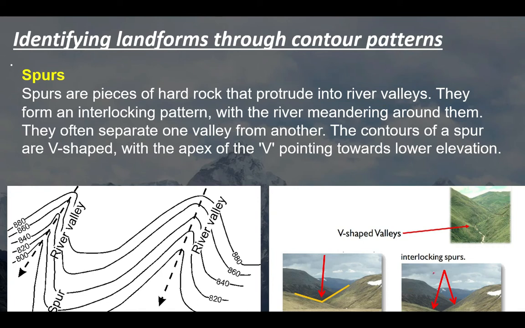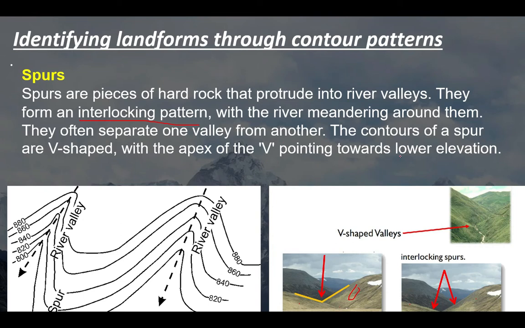Interlocking pattern means, here this is one rock and this is another rock. These are combined and form the interlocking pattern with the river meandering around them. They often separate one valley from another.